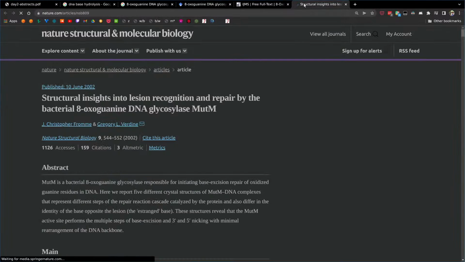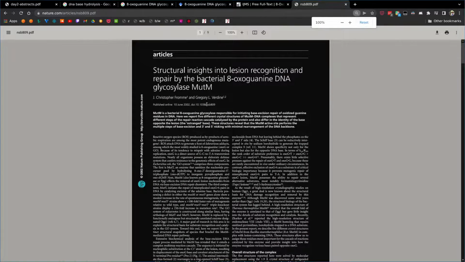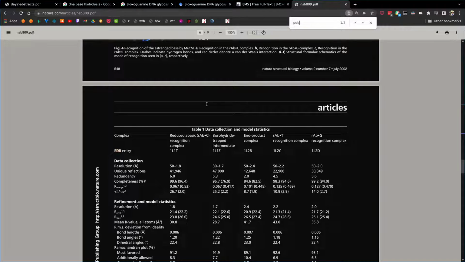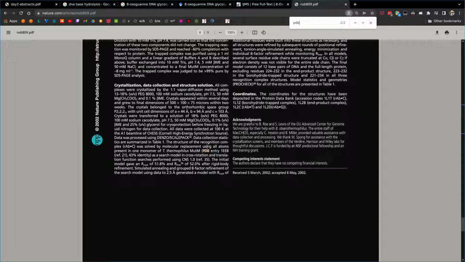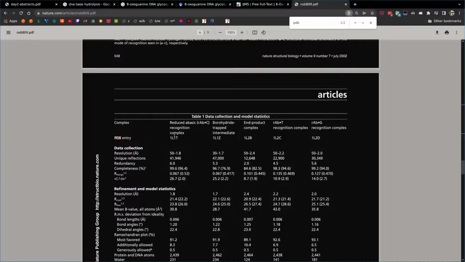Yes, structural insights. Oh, yes, cool. Oh, wow. Oh, cool. What's this one? Ooh, there you go. There you go. Okay.